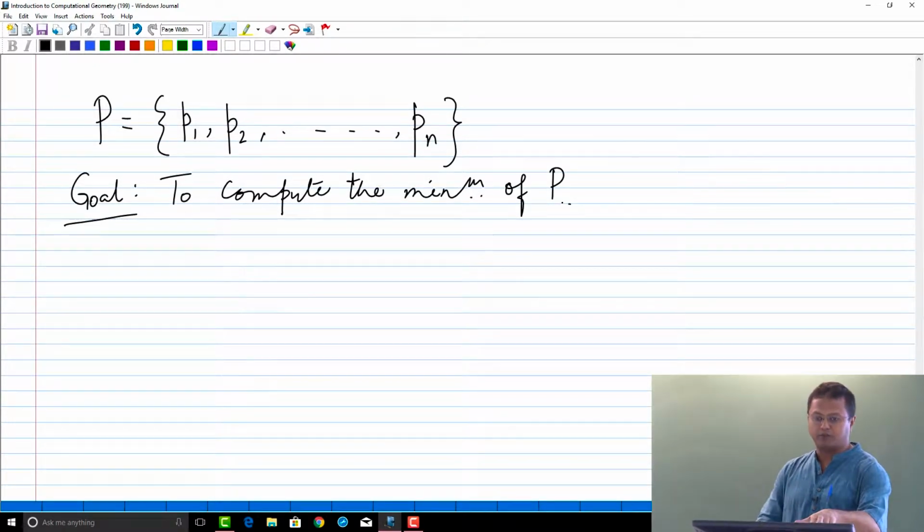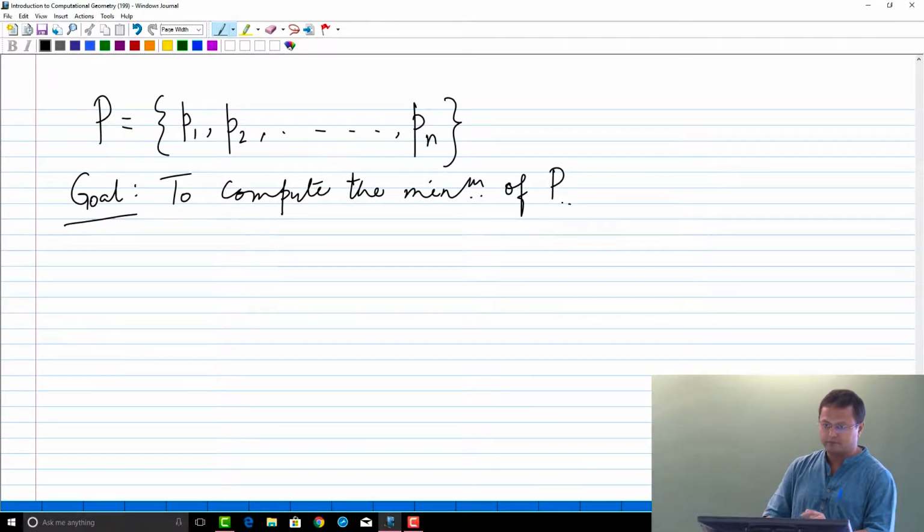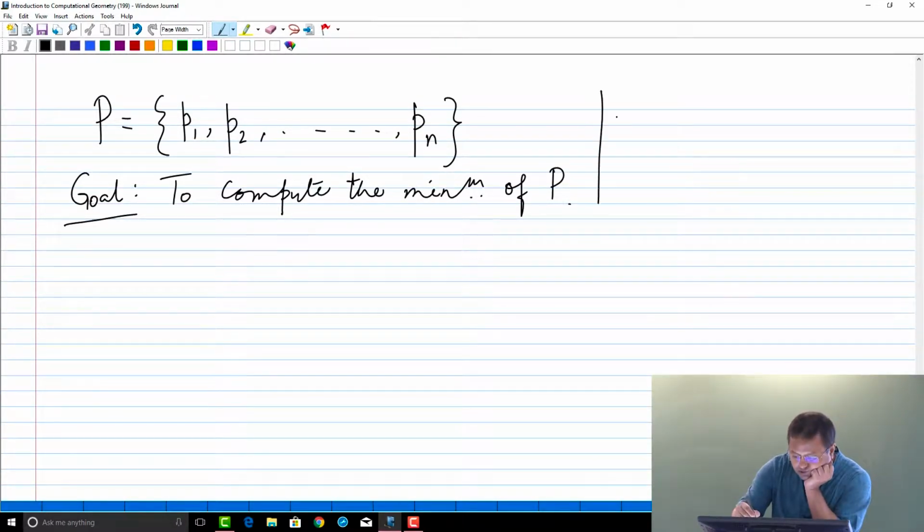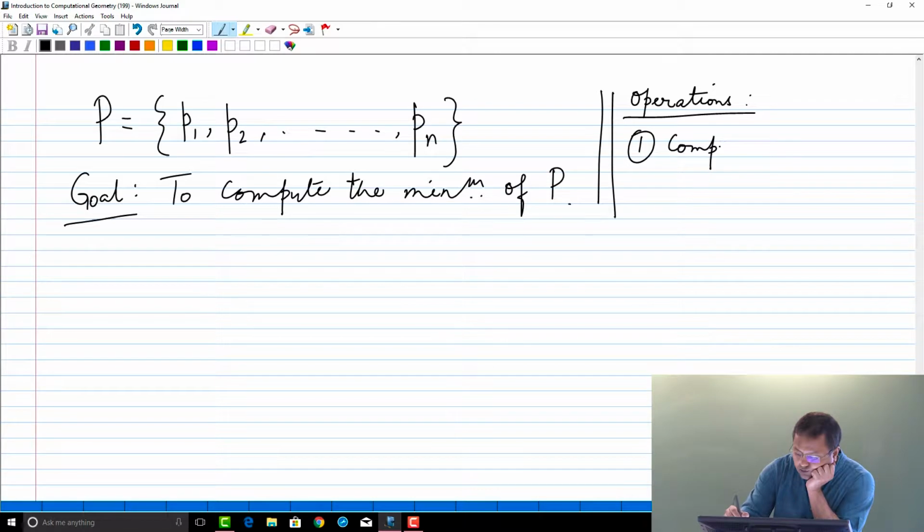You take the first two numbers, whichever is the minimum, you declare that to be your minimum. Then you compare this with the third number, right. So, at each step what is happening is there are two operations that you do. One is a comparison, the second is an updation, right.